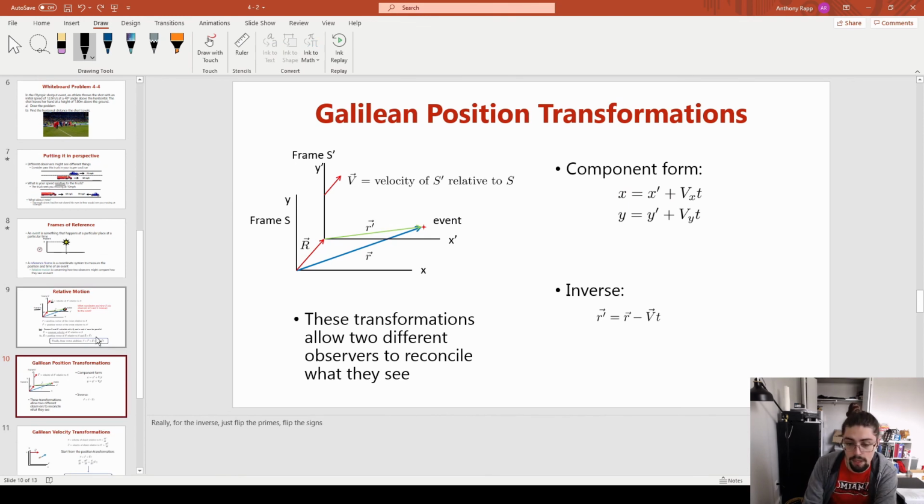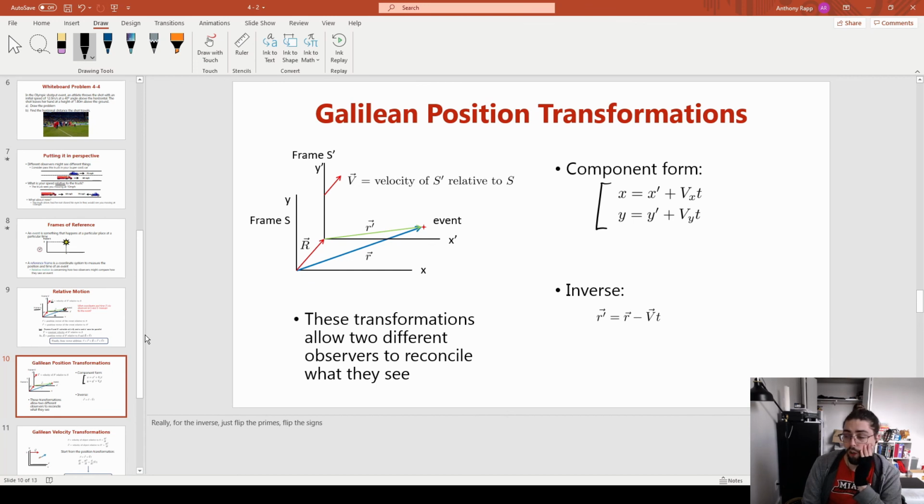We'll get to that in a second, but the fact that these are vectors means that we can split these up into individual x and y transformations. So we can split these up as we need to and work with it just like we have been with vectors this entire time. The vector math is easy. Conceptualizing it is perhaps a little bit more difficult.